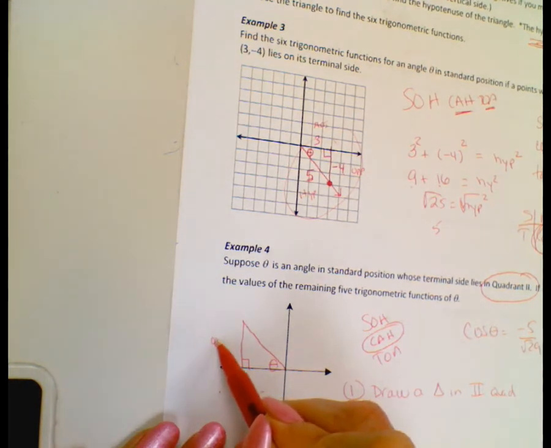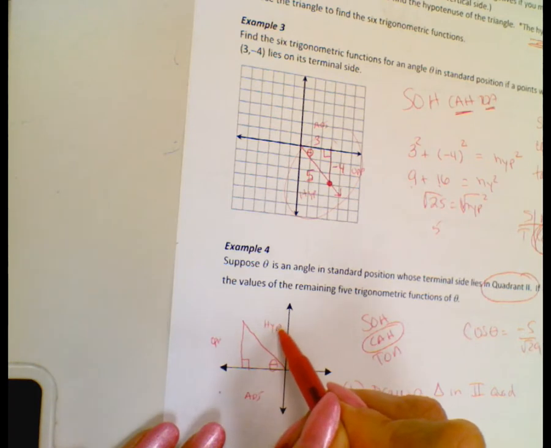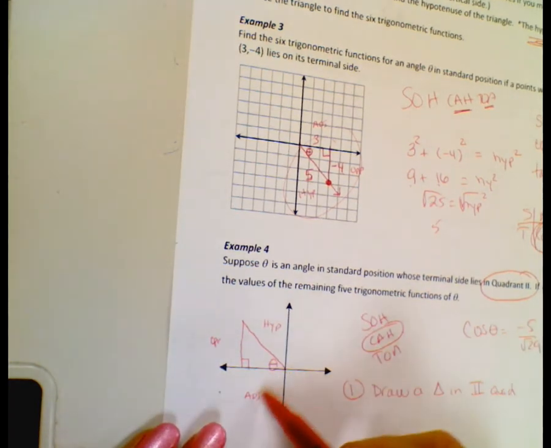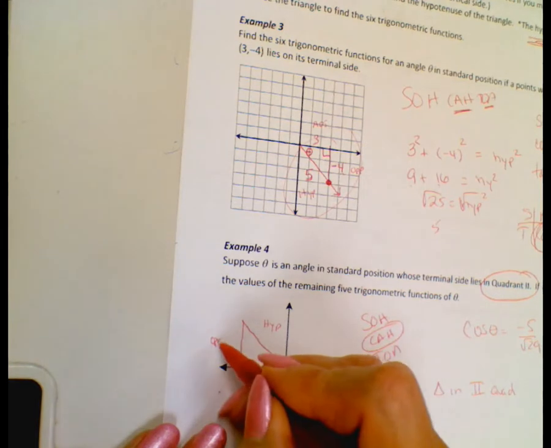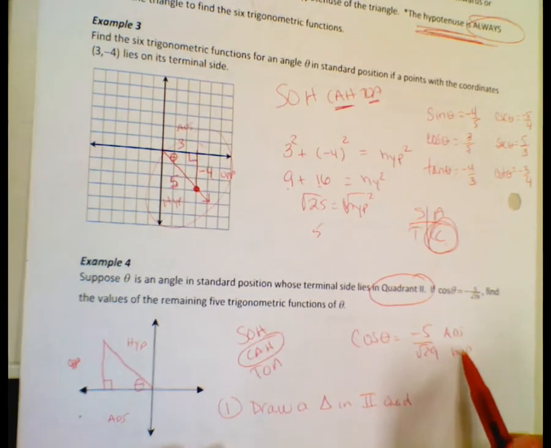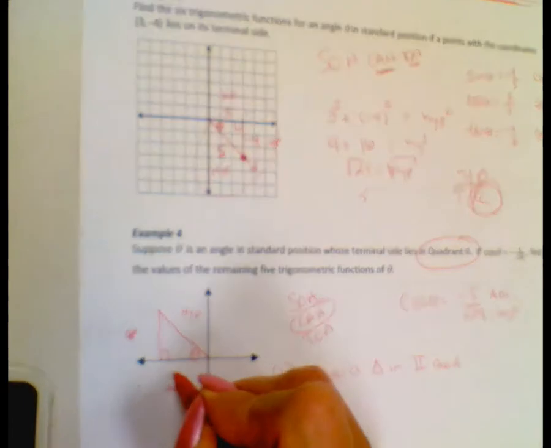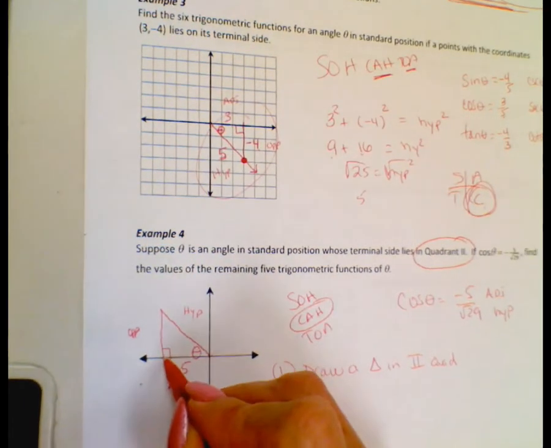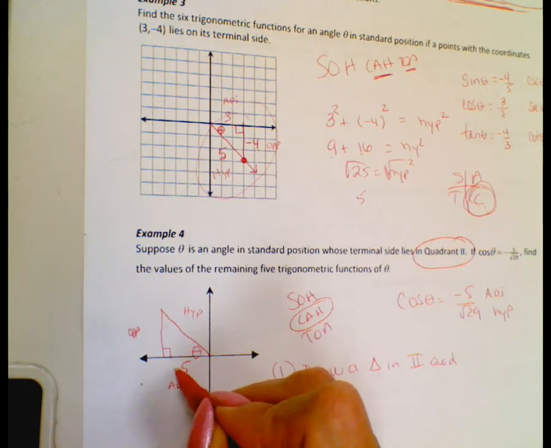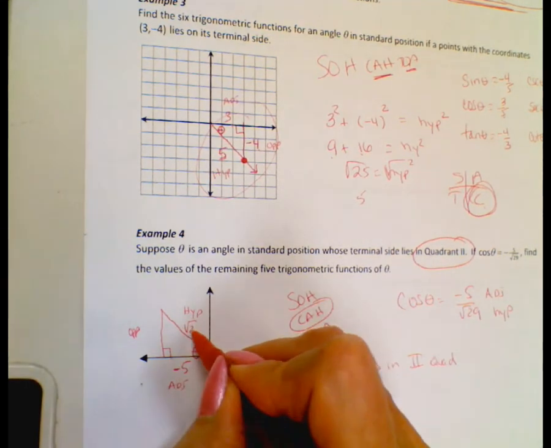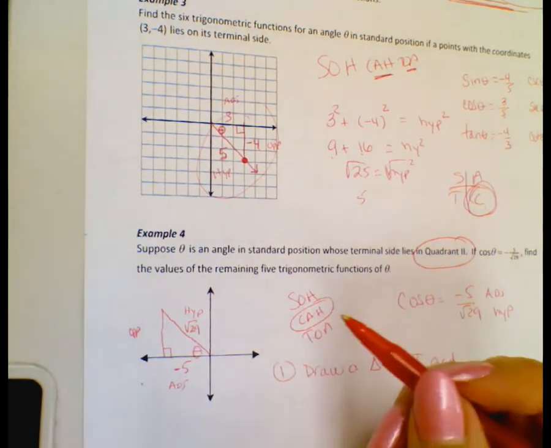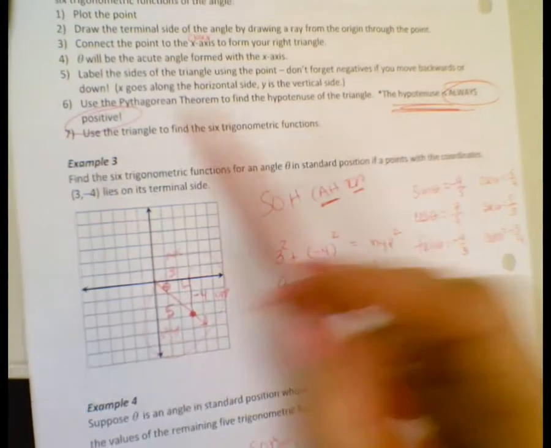This is opposite, and this is hypotenuse, correct? Next to is adjacent, straight across is opposite. So in this problem, it said cosine of theta, they gave you the adjacent side, which is negative 5. That makes sense because we went left, so it should be negative. And they gave you the hypotenuse, which makes sense that that's positive because the hypotenuse is always positive.